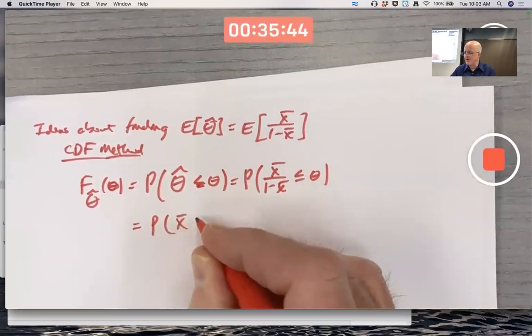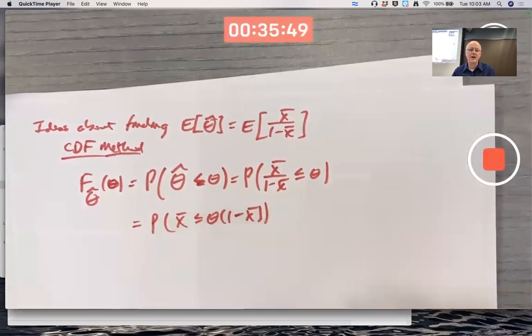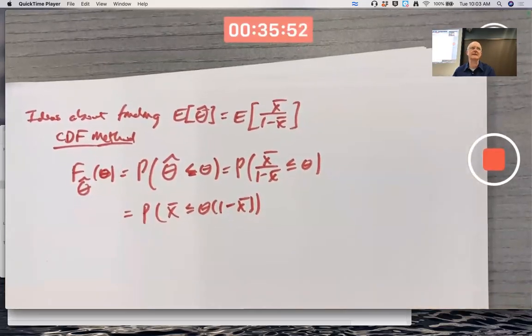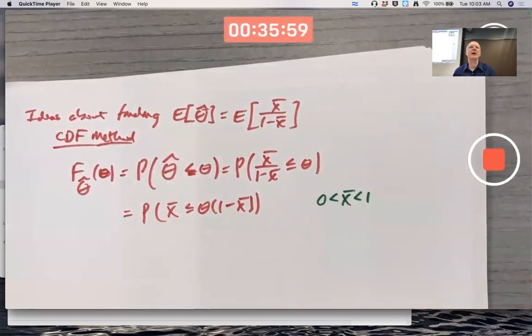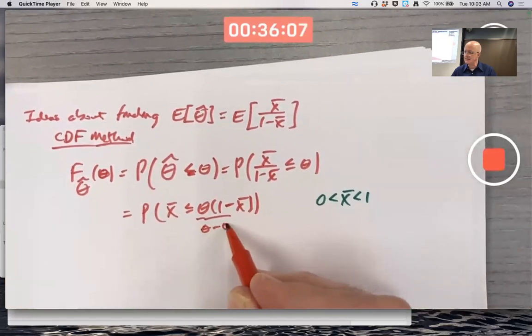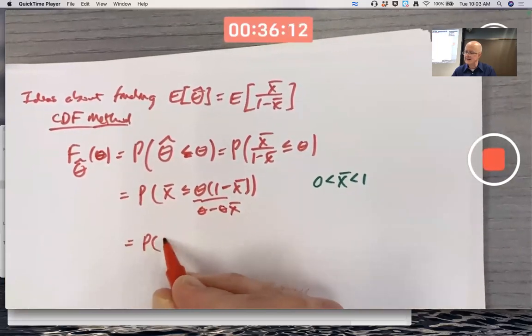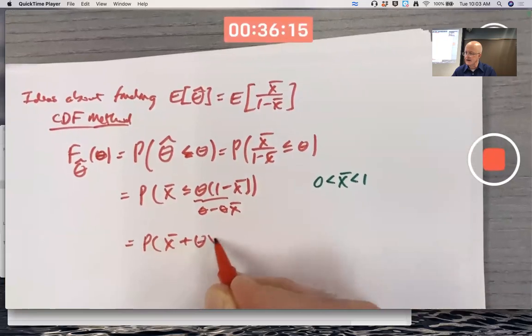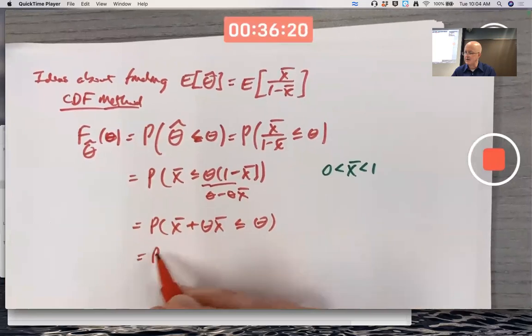Multiply both sides by 1 minus X bar, which does not change the direction of the inequality because X bar is going to be between 0 and 1 for this example. So we don't have to worry about multiplying both sides by a negative number. And this is theta minus theta times X bar. I could then add theta times X bar to both sides, and then factor out the X bar.